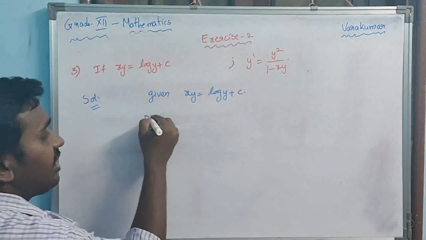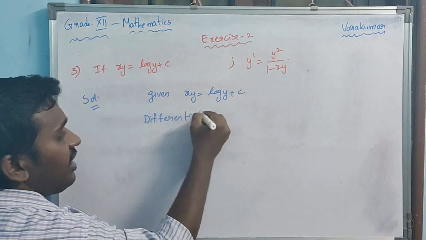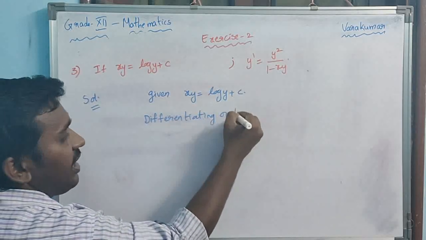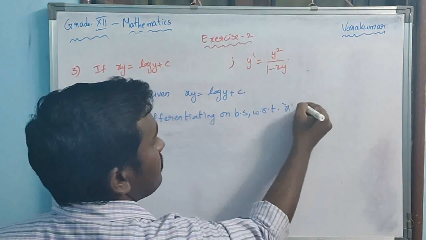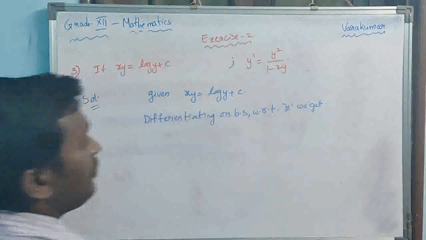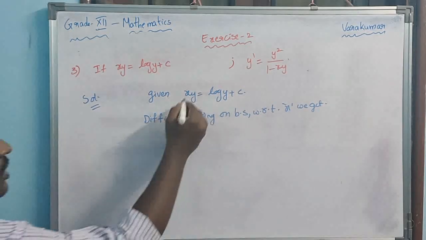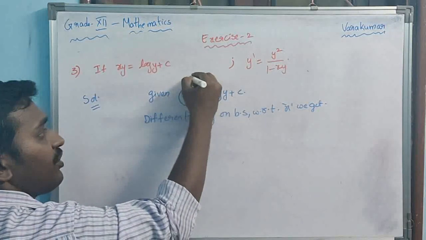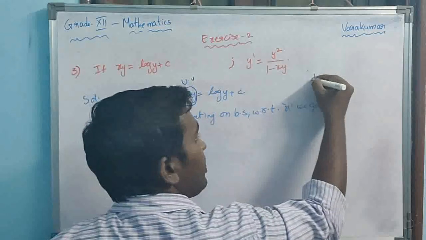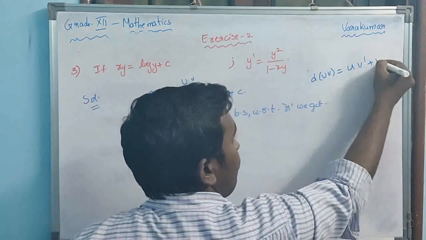Now differentiating on both sides with respect to x, we get. So what do we get? Now here xy is in the form of uv. The uv formula we know: differentiation of uv will be u v dash plus v u dash.